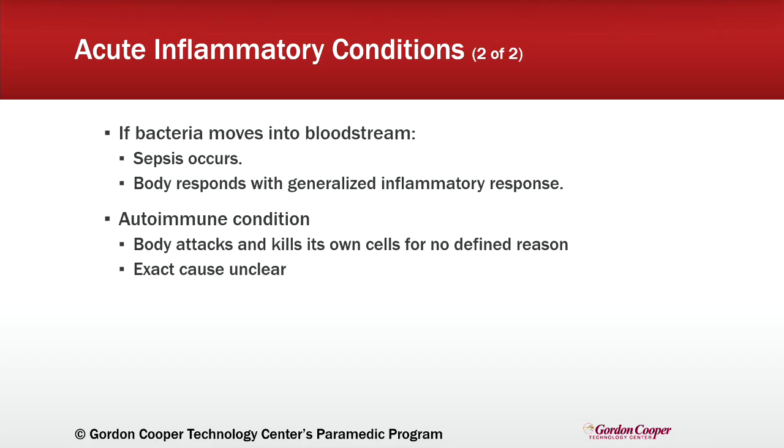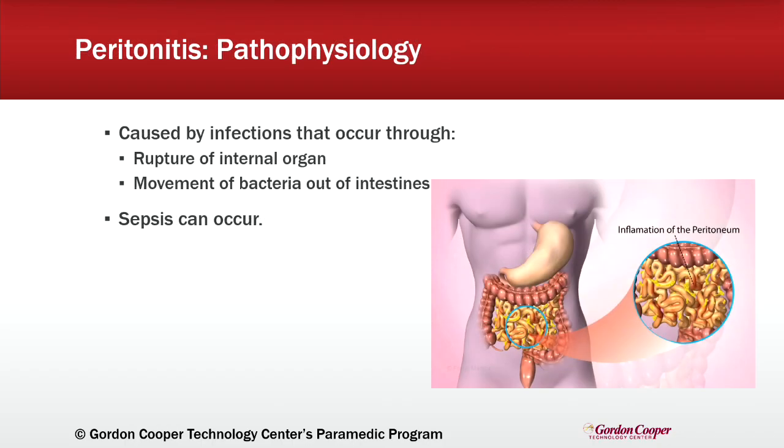They're normal cells for the body, but it attacks them. The exact reason why this happens is unknown, but this attack can trigger an inflammatory response in and of itself, and that's why some of these autoimmune diseases will have ebbs and flows to when they get better and when they get worse. And the goal of medication is typically to control those flares.